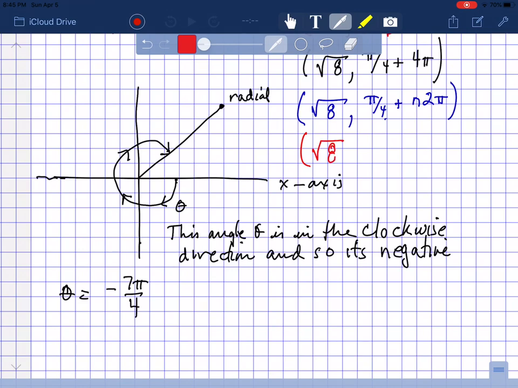Okay, so another polar representation for this point is the square root of 8, comma, minus 7 pi divided by 4, which of course is what we get when n here happens to be -1. So the n here is any integer whatsoever, any integer.